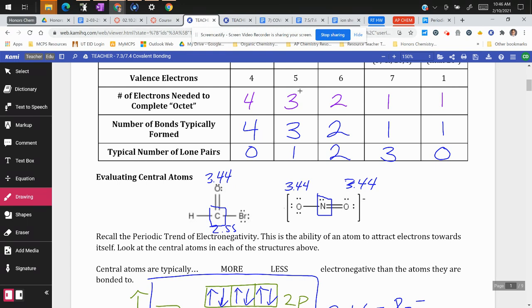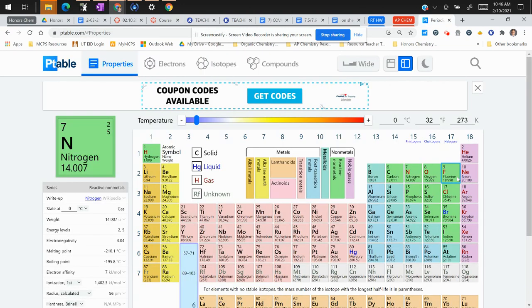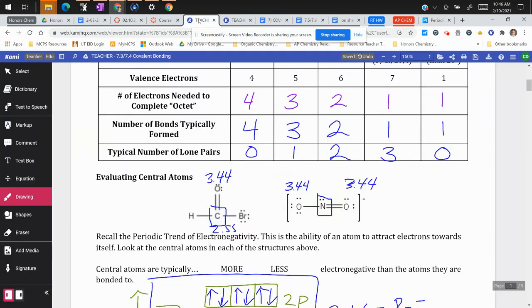And then the other atoms here, I need to look at nitrogen, bromine, and hydrogen. Bromine is 2.96, nitrogen is 3.04, and 2.20 for hydrogen. All right, if we compare the central atom's electronegativity value to the numbers of the other atoms it's bonded to, we see a general pattern here.